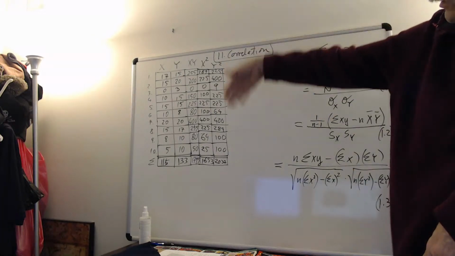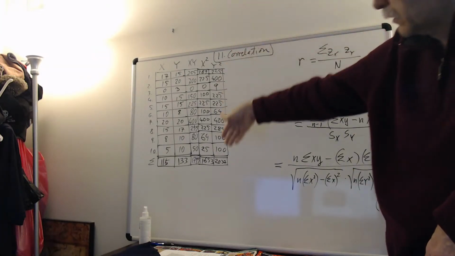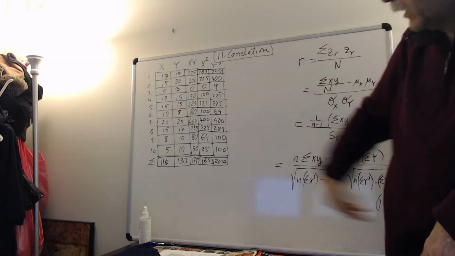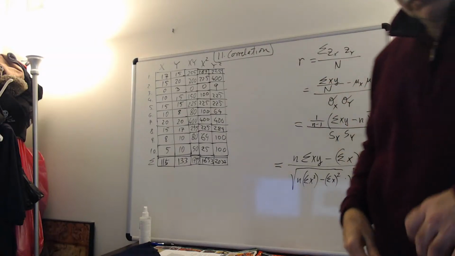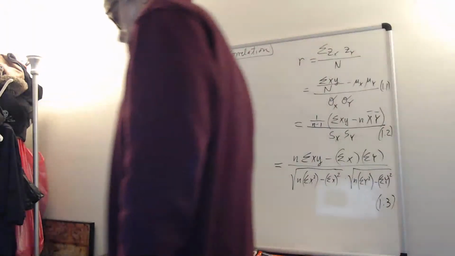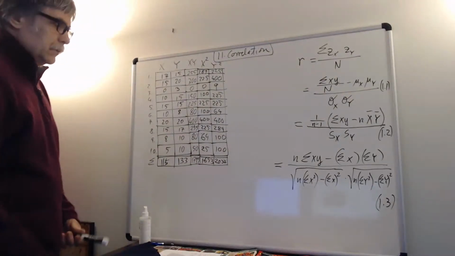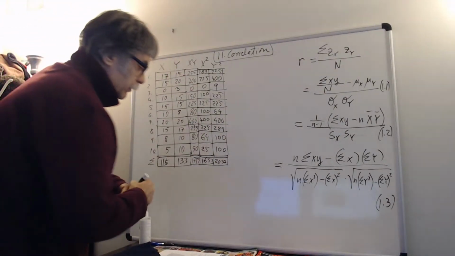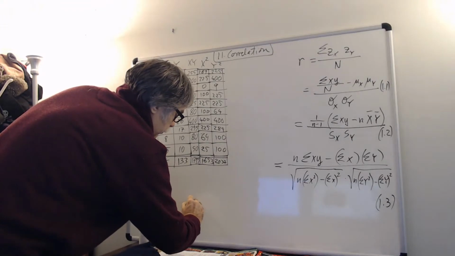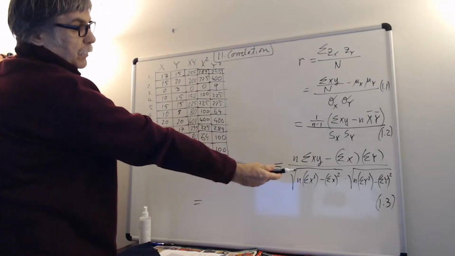All you need to do is get the sum of the x's, sum of the y's, sum of the xy, sum of the x squared, sum of the y squared. This is something you were doing, I believe, when you were calculating standard deviations as well. And then just plug it in. So in this particular case, I'm using this formula 1.3.